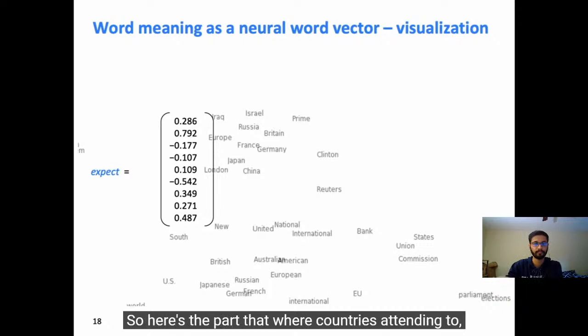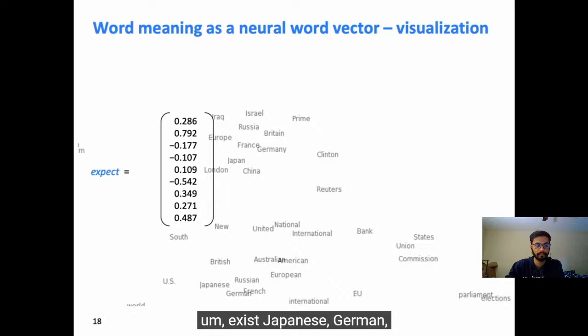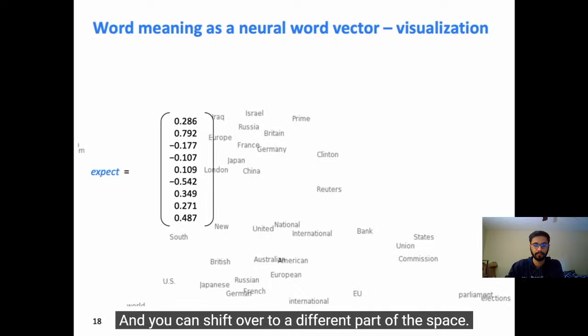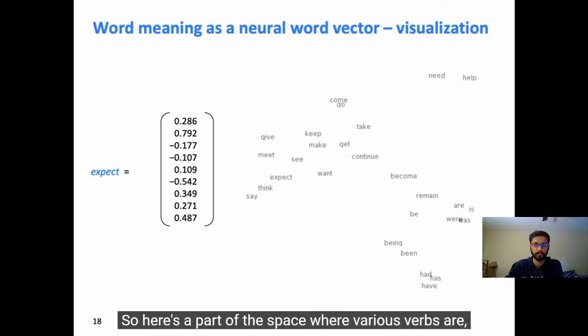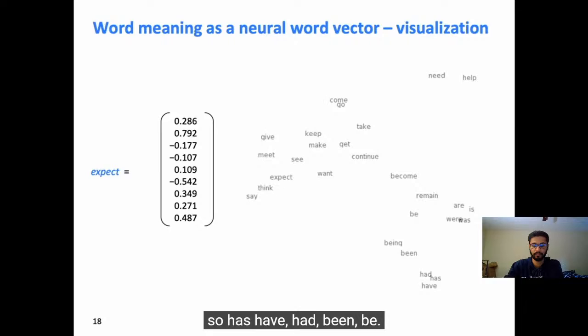So here's the part where countries tend to exist: Japanese, German, French, Russian, British, Australian, American, France, Britain, Germany, etc. And you can shift over to a different part of the space. So here's a part of the space where various verbs are: has, have, had, been, being.